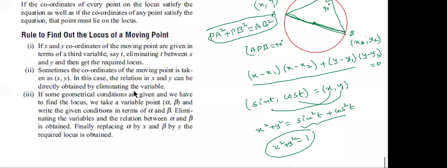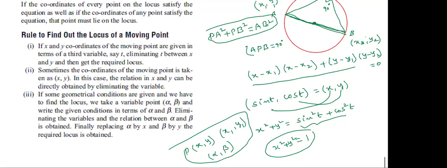But the locus of point P, how are we taking it? Sometimes we take (x, y), sometimes (x1, y1), sometimes (alpha, beta) also. Whatever you take, no problem.